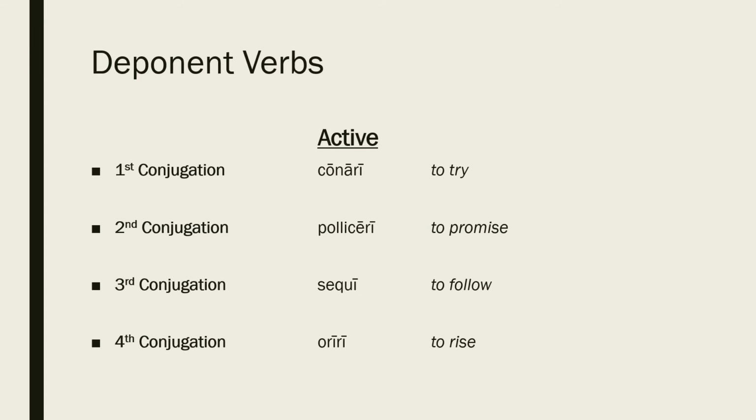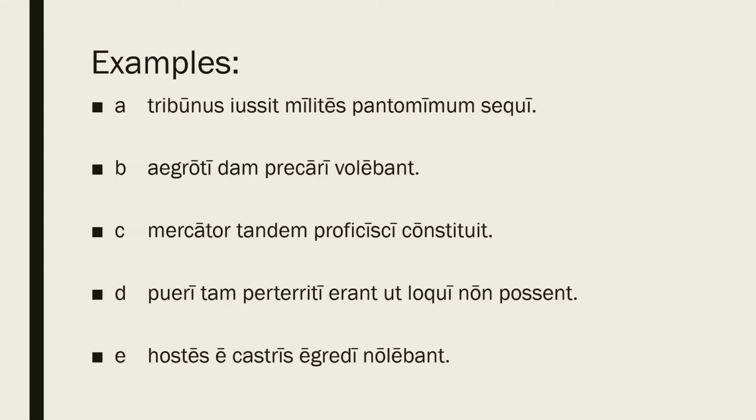So these are examples from each of the conjugations. Conari, polliceri, sequi, oriri. And so they look passive. They look just like the infinitives we saw earlier, but because they are from deponent verbs, they are translated actively. And so we have some more examples. Now take a minute to look at those examples.